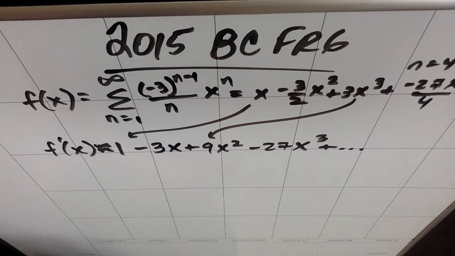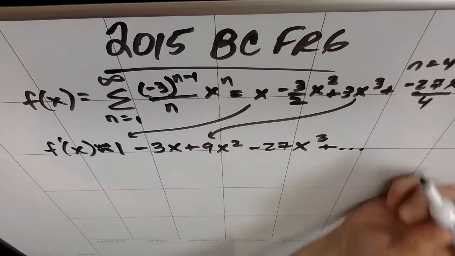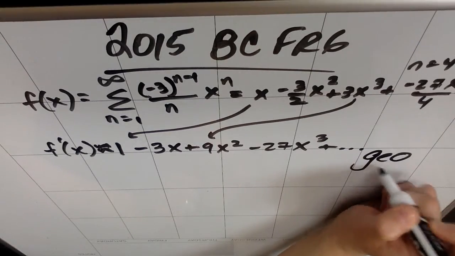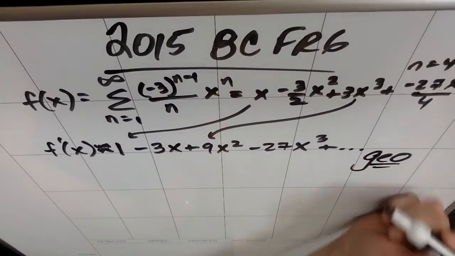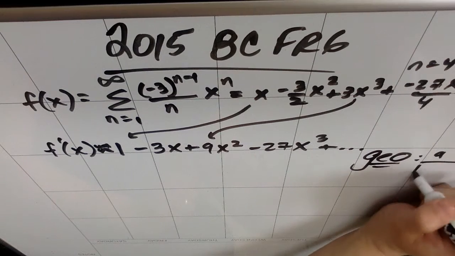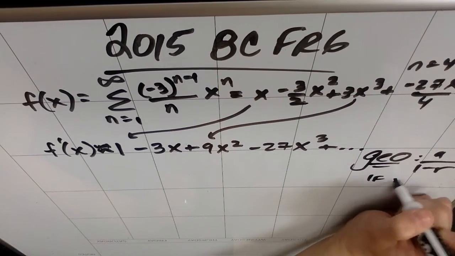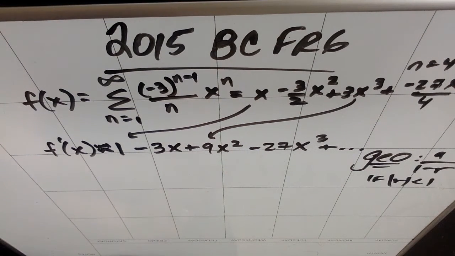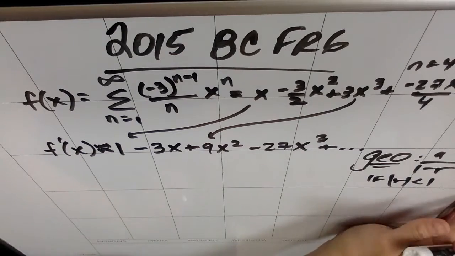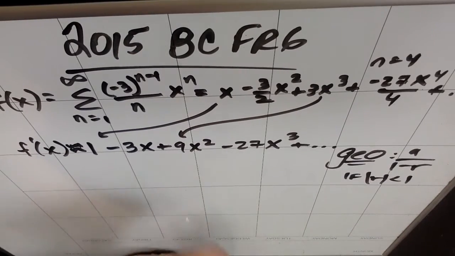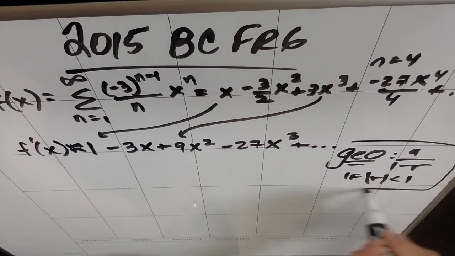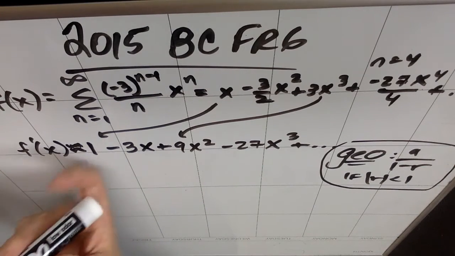Technically 2 if you count telescoping, but when you're asked this question, you know that a geometric series, right, so the trick here is that a geometric series converges to a over 1 minus r if the absolute value of r is less than 1. So a geometric series converges to a over 1 minus r. That's the only series that you can comfortably find what it converges to with regularity.